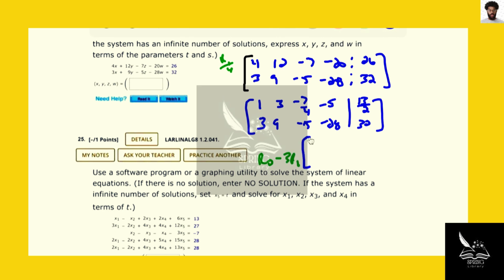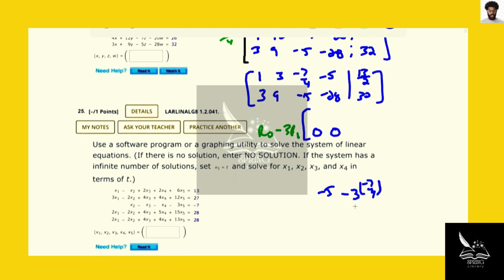That'll give us a new row 2 of 3 minus 3, 9 minus 9, -5 minus 3 times -7/4. That'd be like -5 plus 21/4.